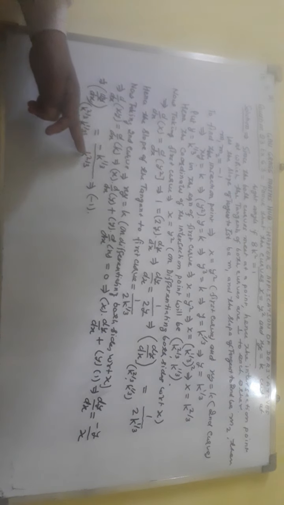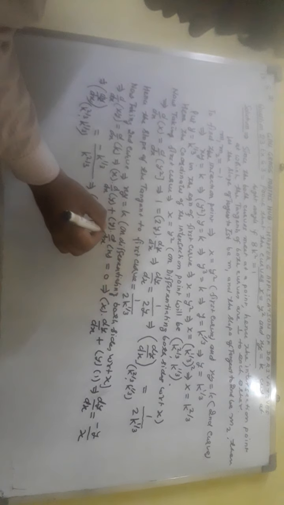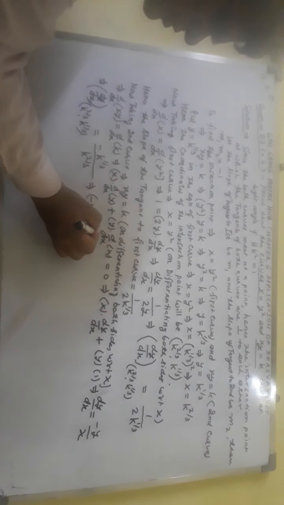K raised to the power 1 over 3 over k raised to the power 2 over 3 comes out to be k raised to the power 1 over 3 minus 2 over 3.